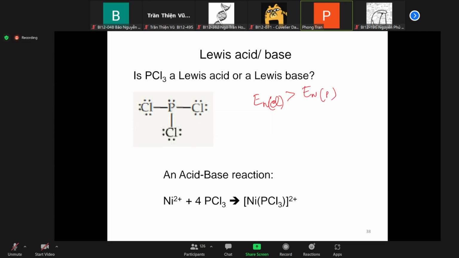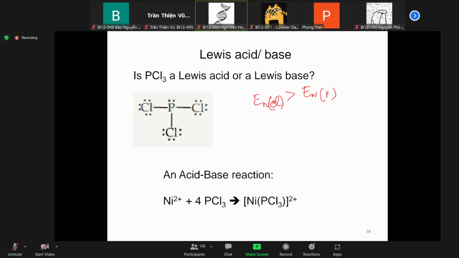So basically, the chlorines will have a tendency to keep electrons stronger than phosphorus. You understand what I mean? Yes, thank you.